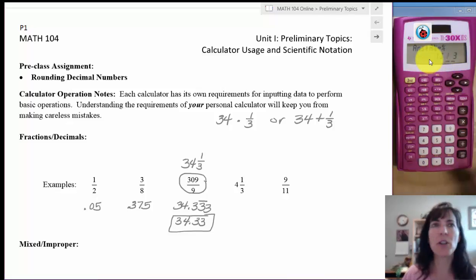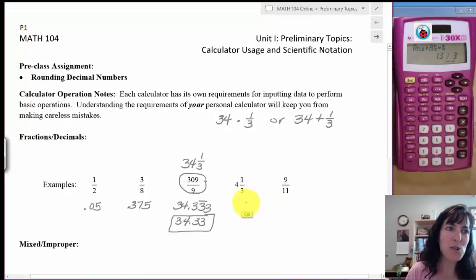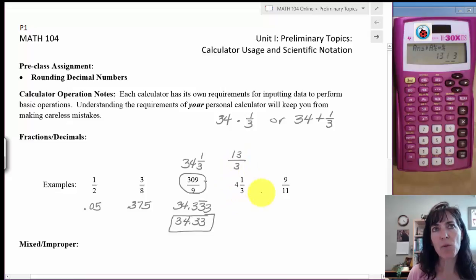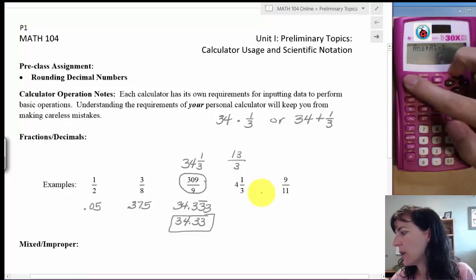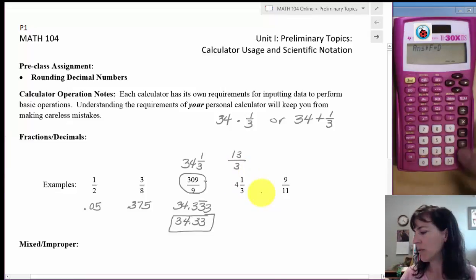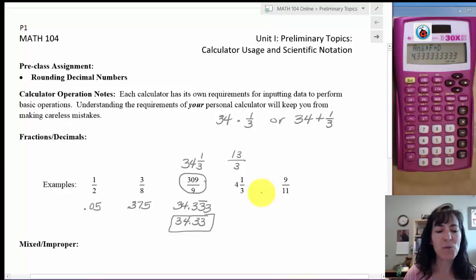So if I push enter, it gives me 13/3. Now that I like because there's no confusion. I know what it's supposed to be. So 13/3 is equivalent. And then if I want decimal form, remember I can still do that with that button, fraction to decimal, and it's 4.333. Now you might have already known a third is the same thing as 0.33 repeating, and so then this one would be equivalent to 4.33 in the decimal form.